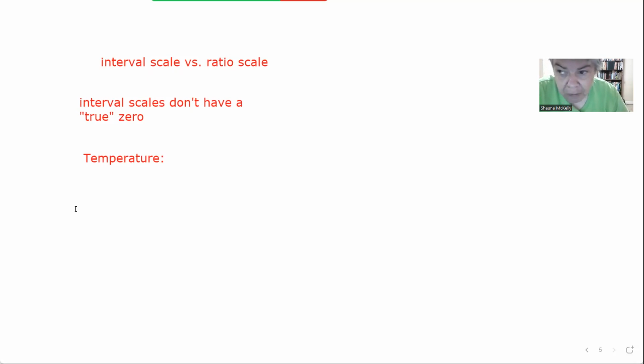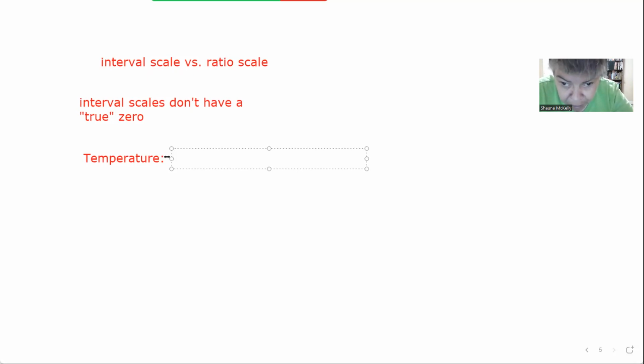And depending on whether you're on the Fahrenheit scale, as we practice in most of the US most of the time, or the Celsius scale, centigrade scale, the measurements are a little bit different. But temperature is an interval scale.